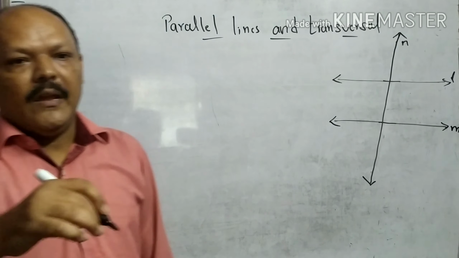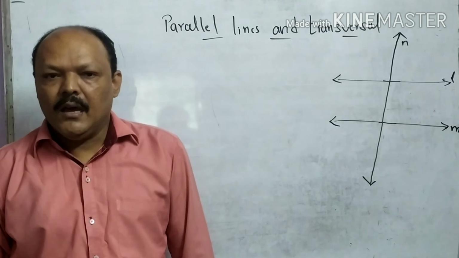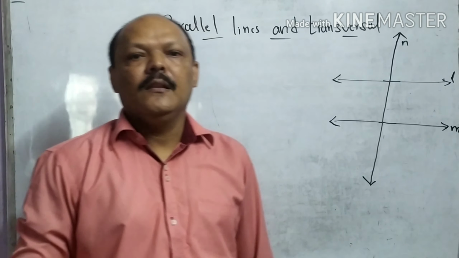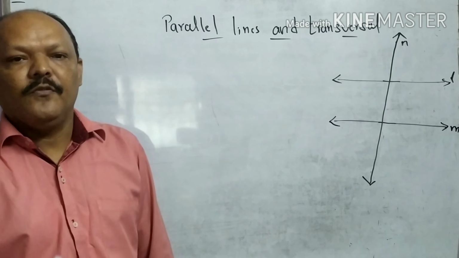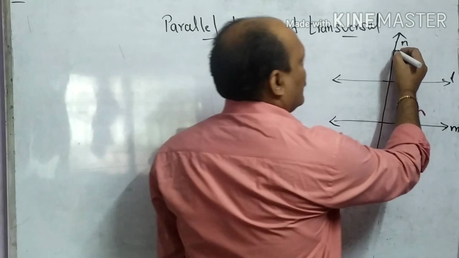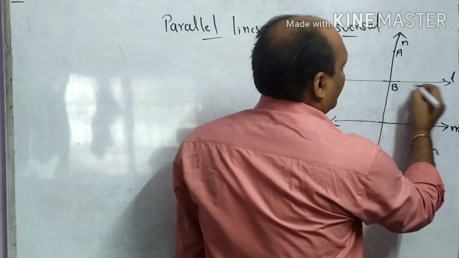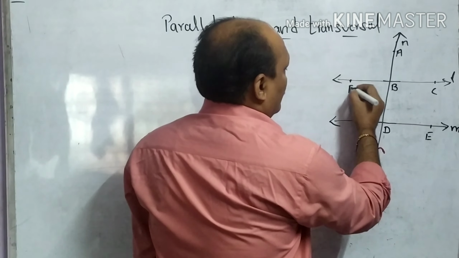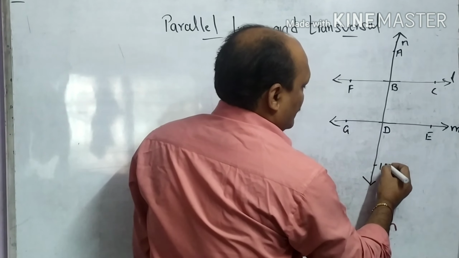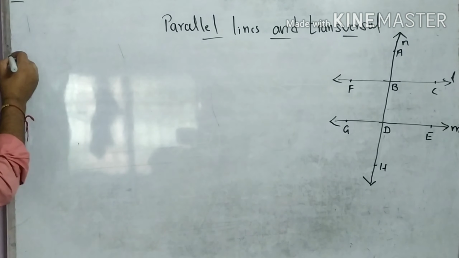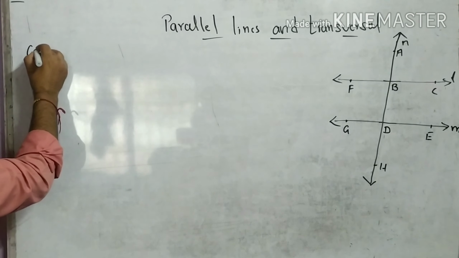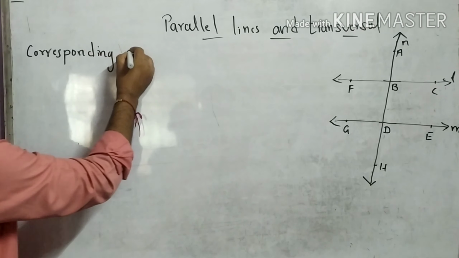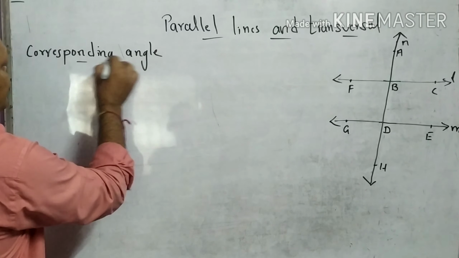Now let's come to the types of angles. With parallel lines, there are three types of angles: corresponding angles, alternate angles, and interior angles. Let me explain first what corresponding angles are.